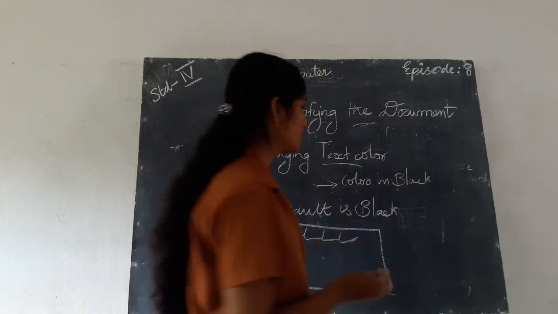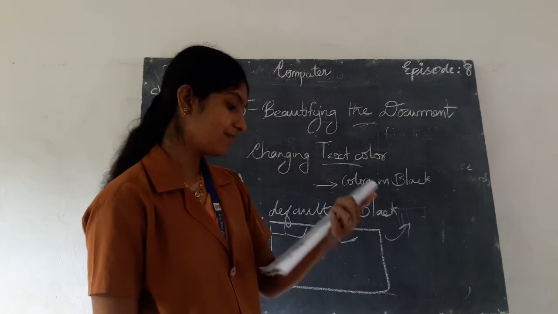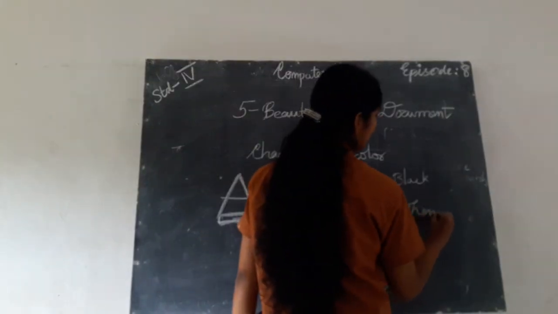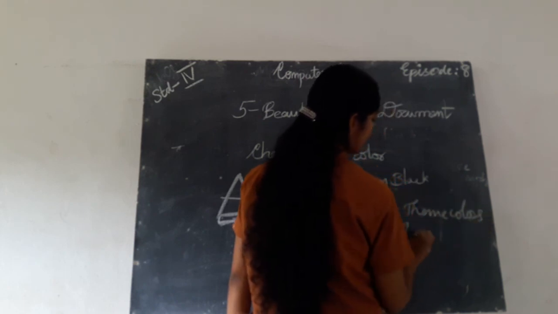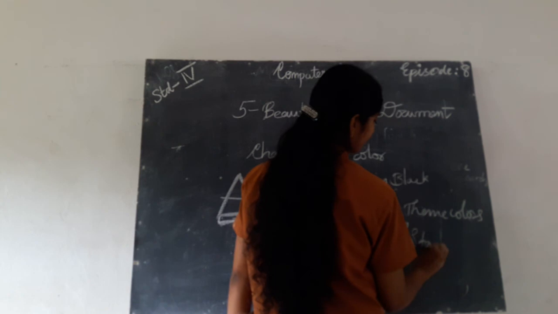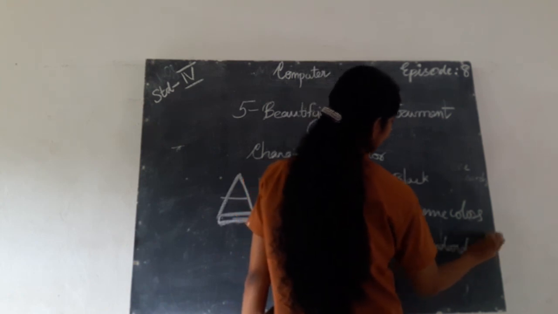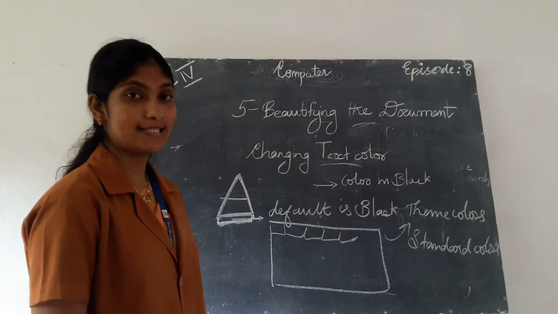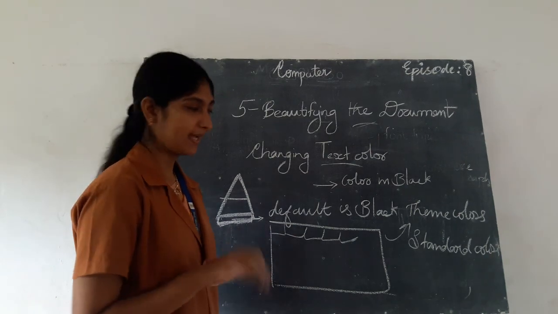There are two types of colors in there, theme colors and standard colors. Just click on the letter A. The default color is black, so automatic is black color.